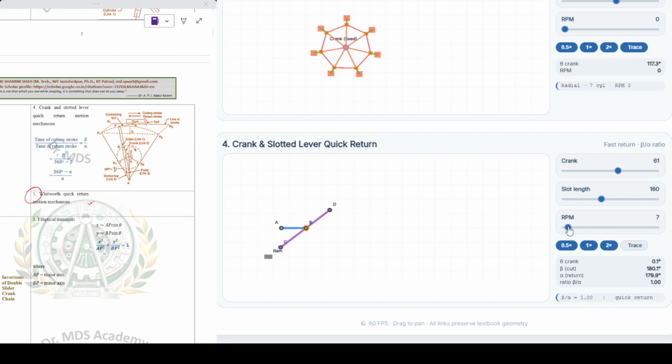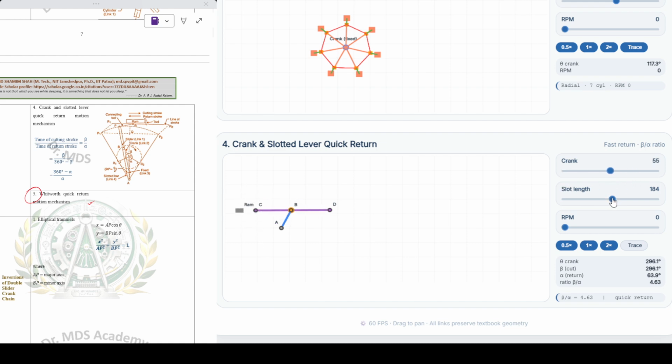Now the crank is what? This blue line A from air. This one is our crank. You can play with that and change the length of this crank.